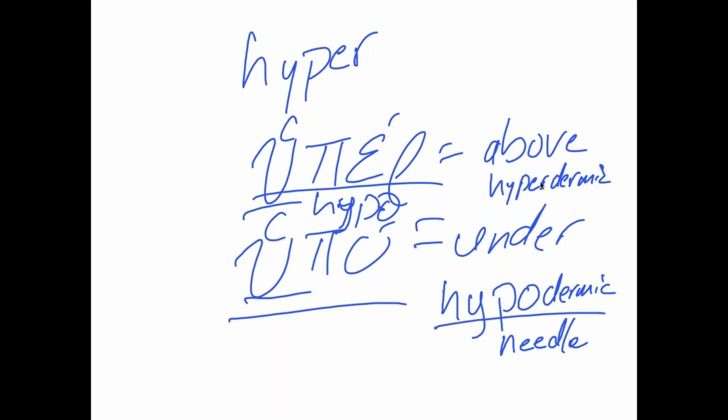So this is a prefix that means either below or above. Pretty common prefix that we bring over. It's also where a lot of our, whenever you talk about layers, without getting too technical, there's epi.